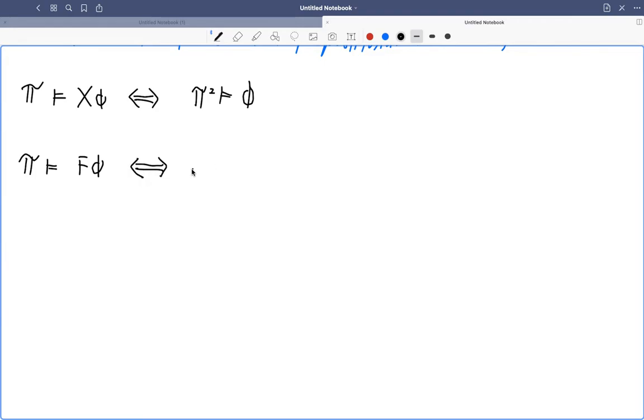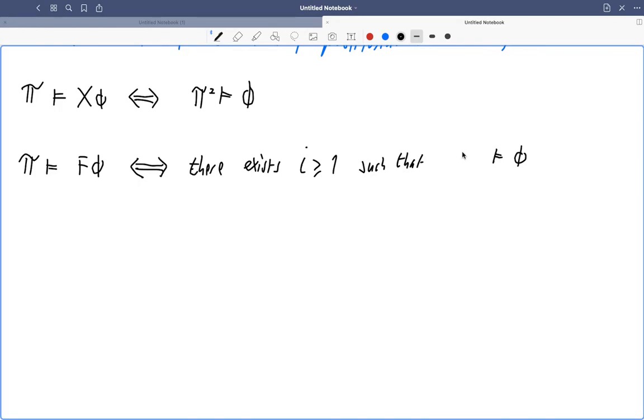So for this, we say there exists some future state, and if there's some future state in the run pi, we can count our way to it. So there exists some future state such that phi holds from that future state.